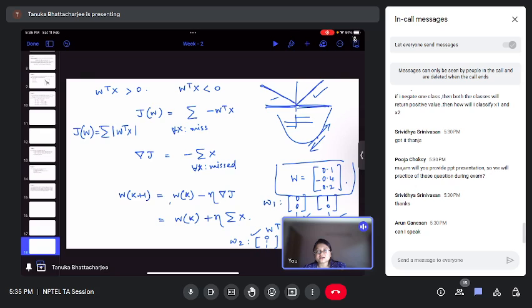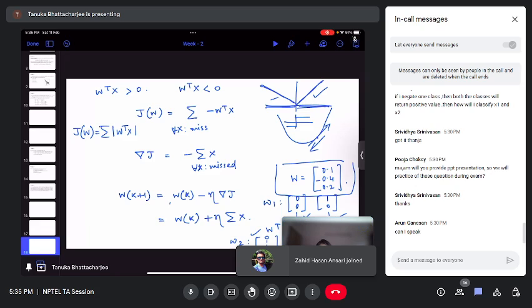But the question that you were asking, for regression you take W transpose X and compute the error. That's correct. You compute Y minus W transpose X, take the absolute value of that, compare with the true value, and try to minimize it.